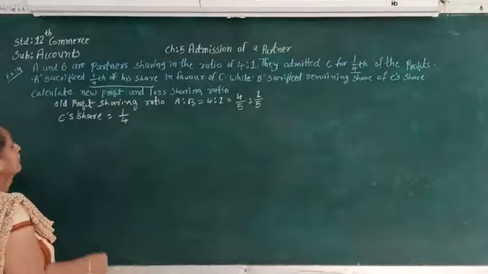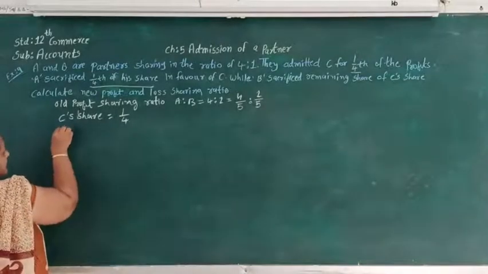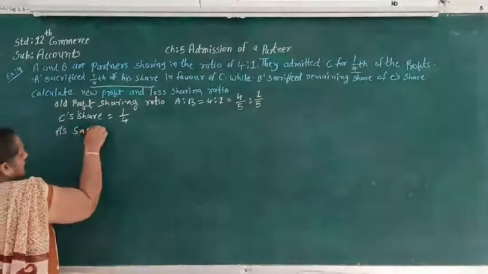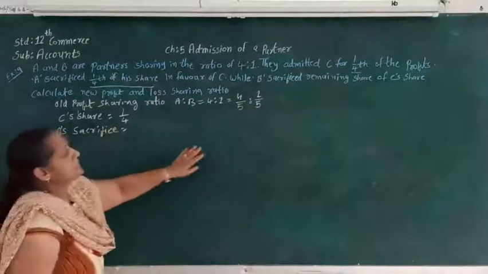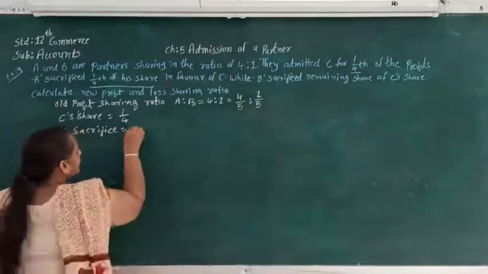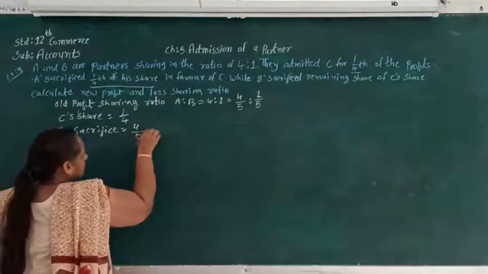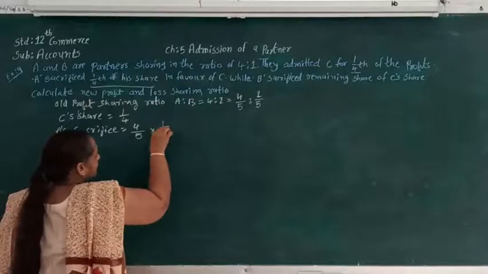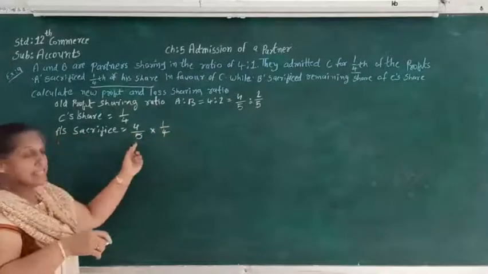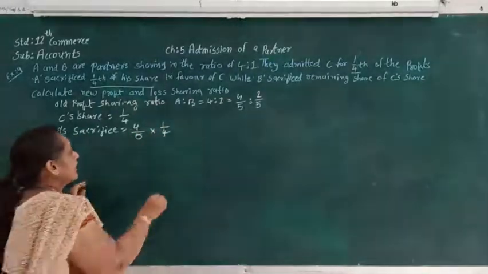So here we have to find out A's sacrifice. So A's sacrifice is equal to his share, which is 4 by 5, multiplied by 1 by 4, as he is sacrificing 1/4 of his share. So we have to multiply.